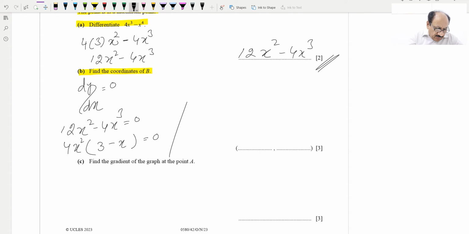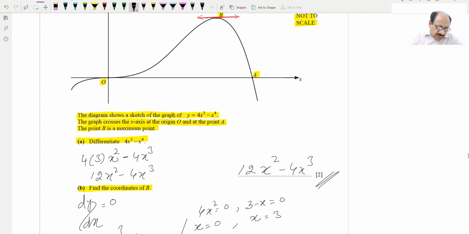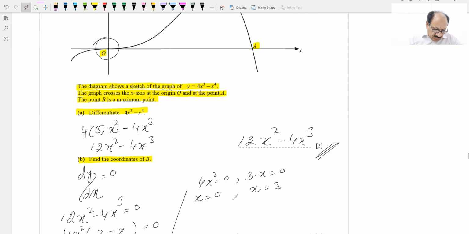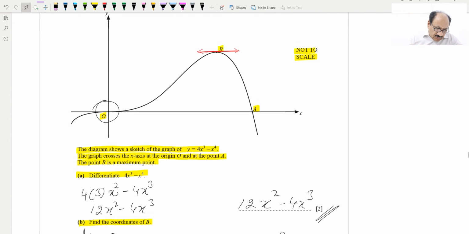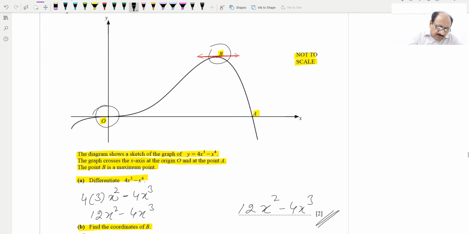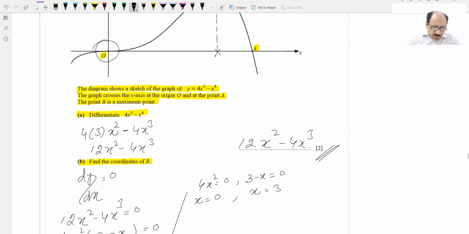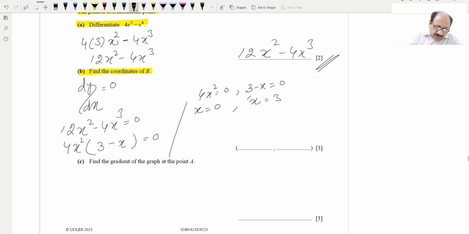This means 4x squared is equal to 0 or 3 minus x is equal to 0, which implies x is equal to 0 or x is equal to 3. x is equal to 0 is this point. We are looking for the point B, and we know that the x value is not 0 at B, so it is a non-zero value.